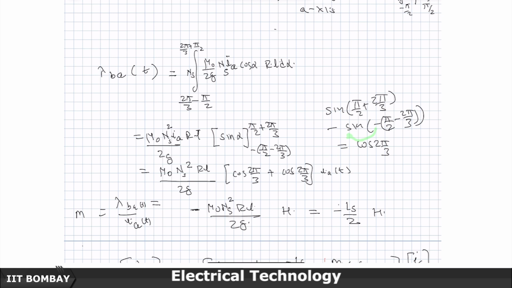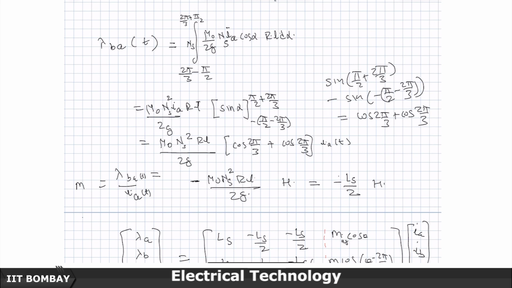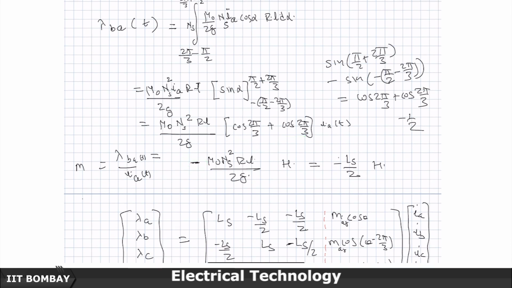So, minus minus will become plus, and then this will become another cos of theta, cos 2 pi by 3, and cos of 2 pi by 3 is minus of half. So, therefore, it will become minus of half plus of minus of half means minus of 1, and so this term will come out to be mu 0 Ns square R L by 2g.